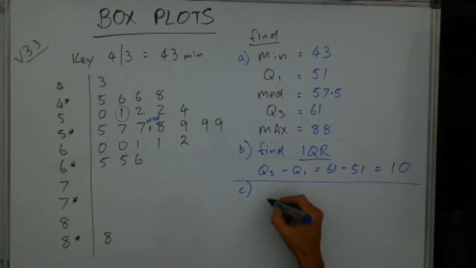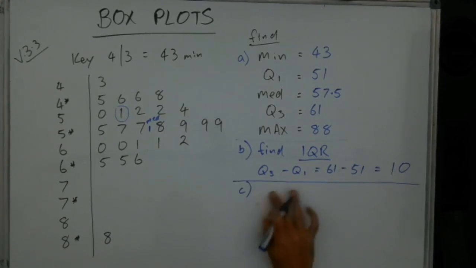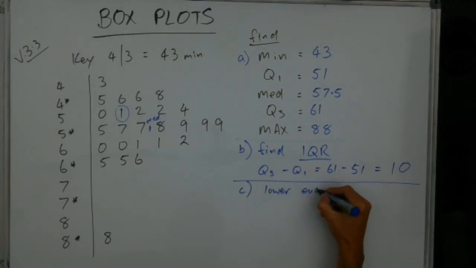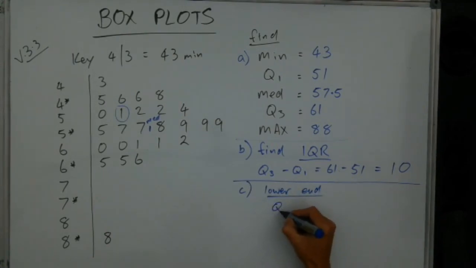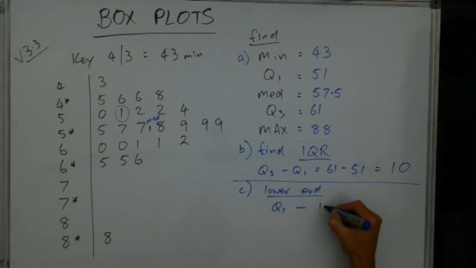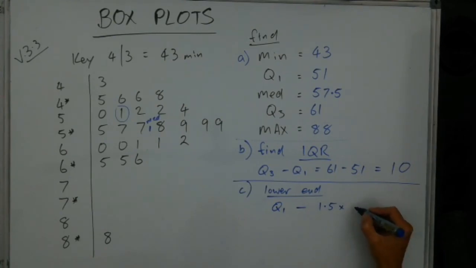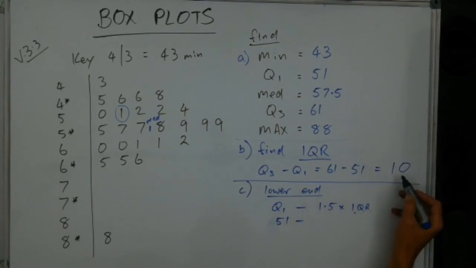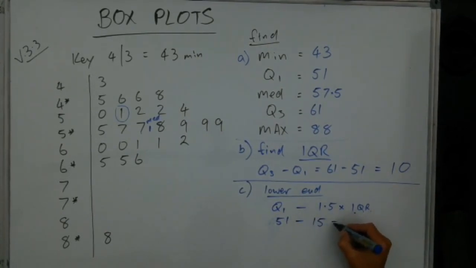So at the lower end, we want Q1 take away 1.5 times our interquartile range. So what have we got? 51 take away 1.5 times 10 is 15.